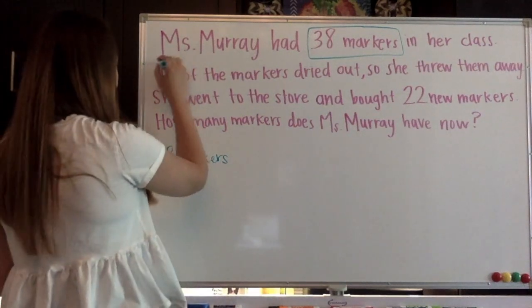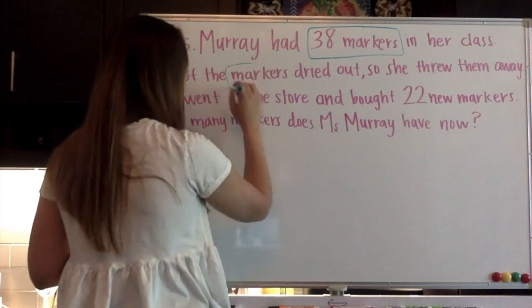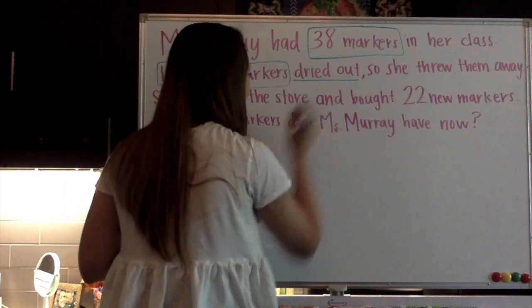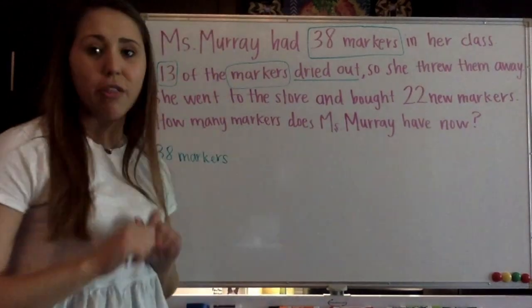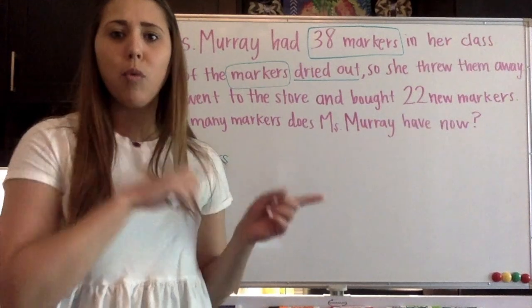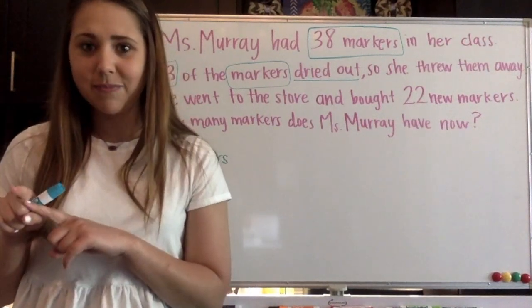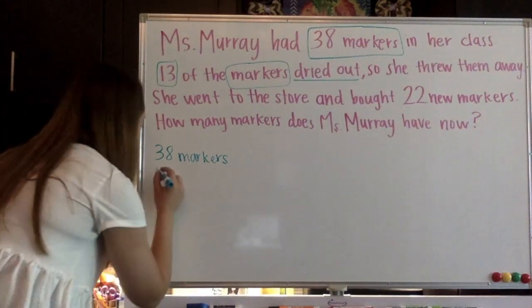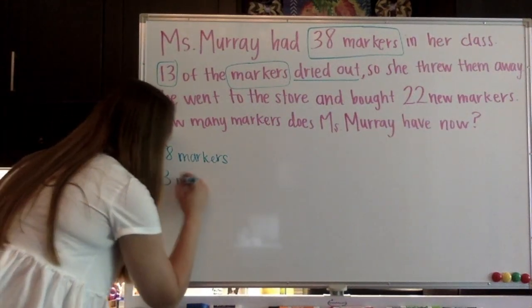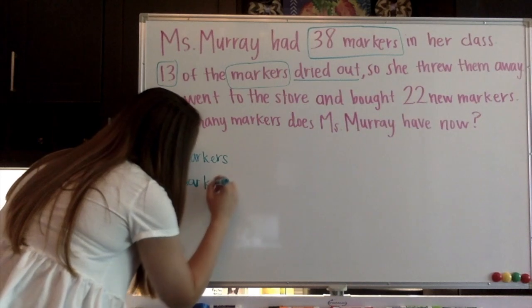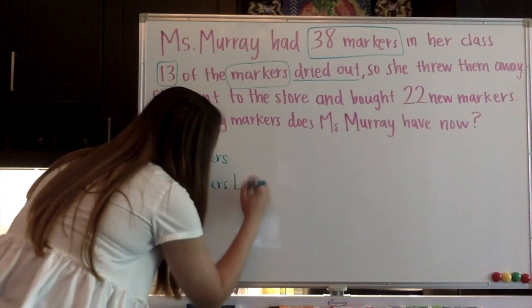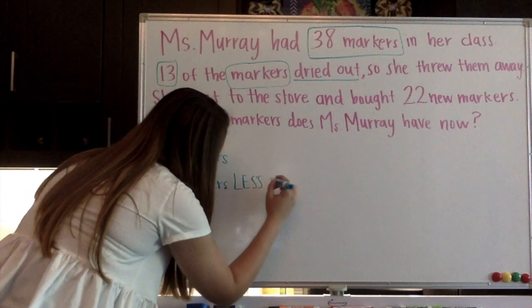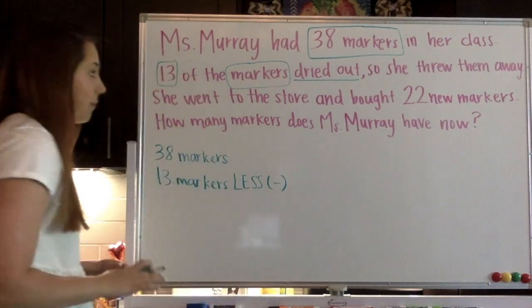So I have 13 markers and they dried out. So if the markers dried out and she threw them away, is she getting more markers or less markers? Less, because she threw them away, so she does not have those anymore. So I know it's 13 markers and it's less, which means I'm going to subtract.